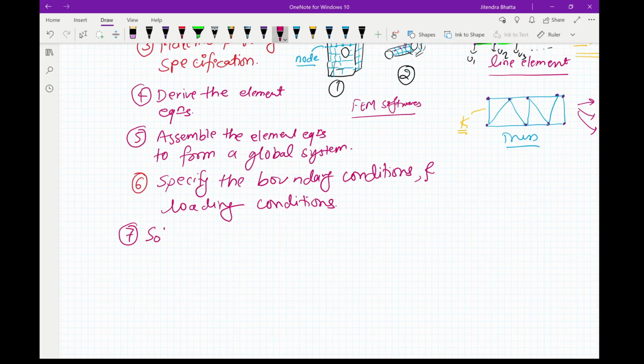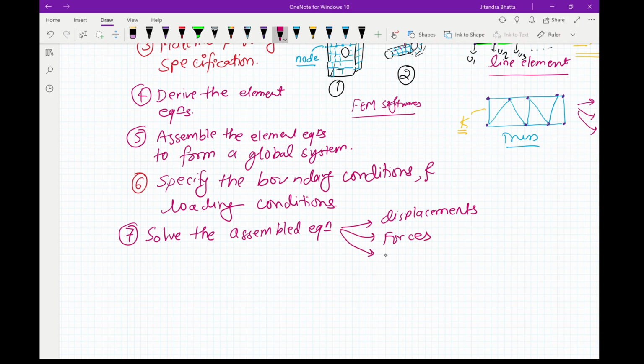Then you solve the assembled equation to obtain your displacements or forces. It may be stresses, strains, and so on.